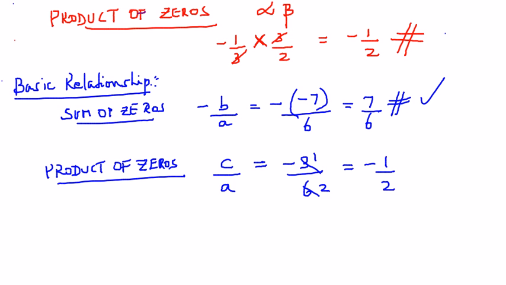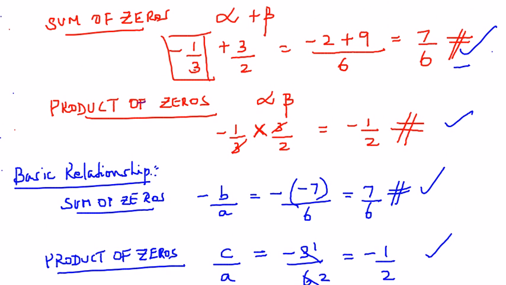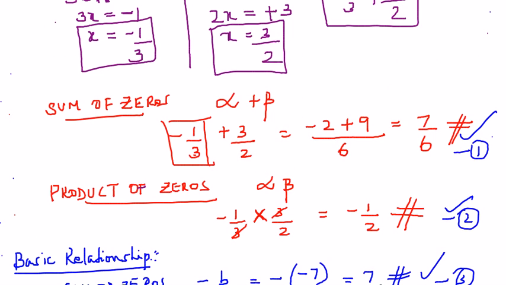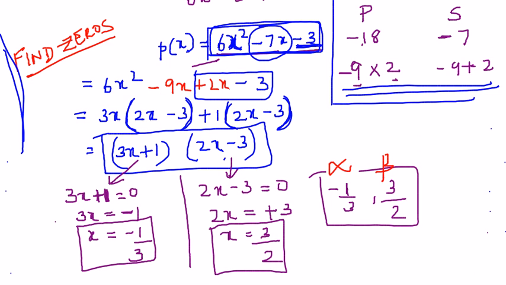So ingum product of zeros minus 1 by 2, ingum minus 1 by 2. So therefore you can mark these equations as say 1, 2, 3 and 4. So since 1 and 3 are the same and 2 and 4 are the same, you can say that the basic relationships are verified. So you have to remember the following in these kind of sums.